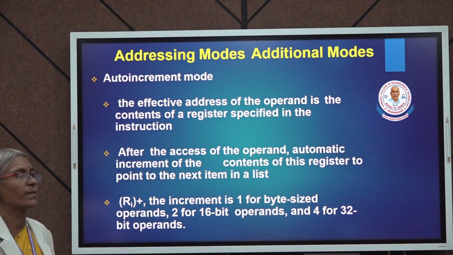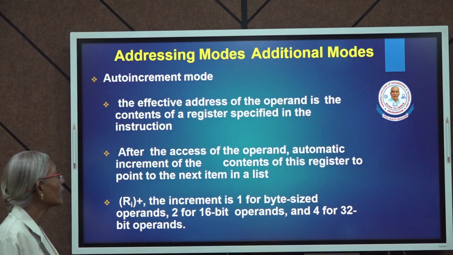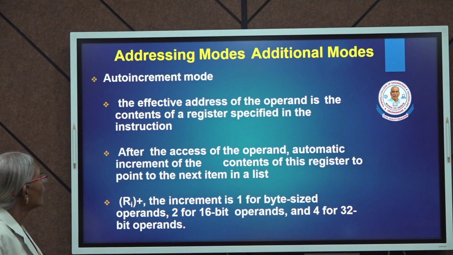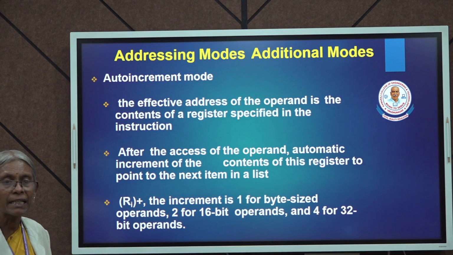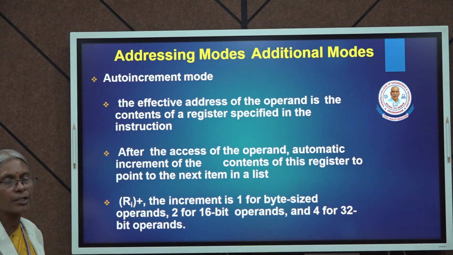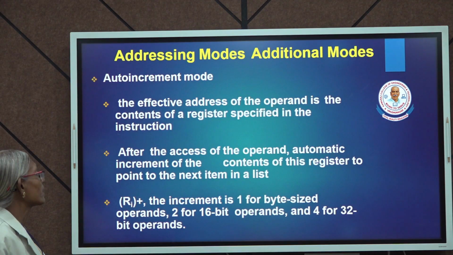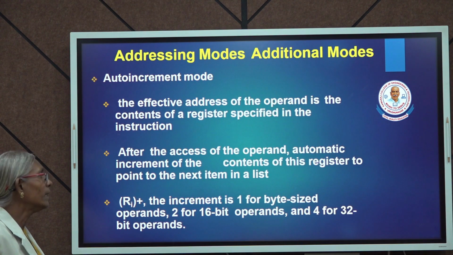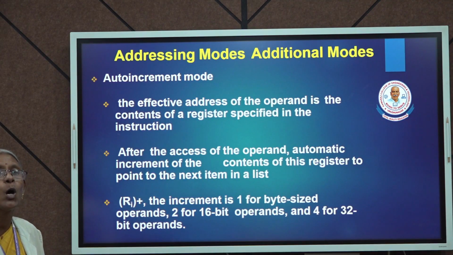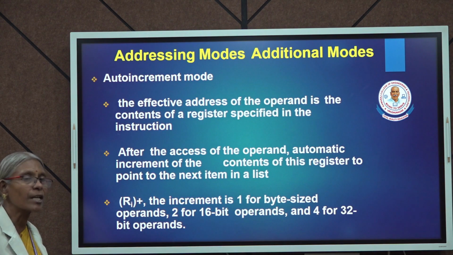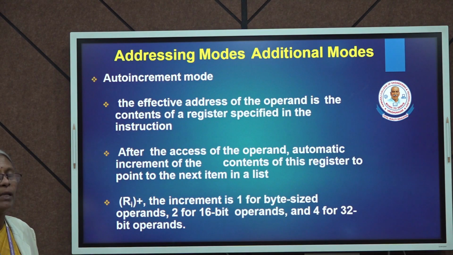Apart from that, we have auto-increment mode. Here the effective address is found from the contents of the register specified in the instruction. After accessing the operand, the content of the register is automatically incremented so that the next item in the list will be found.